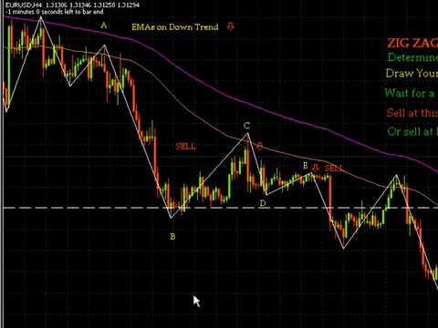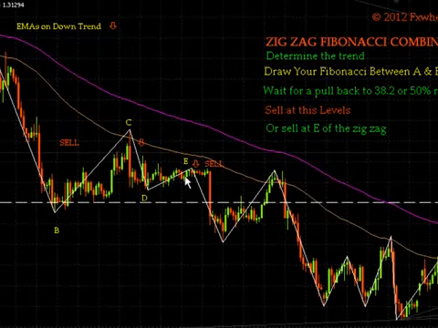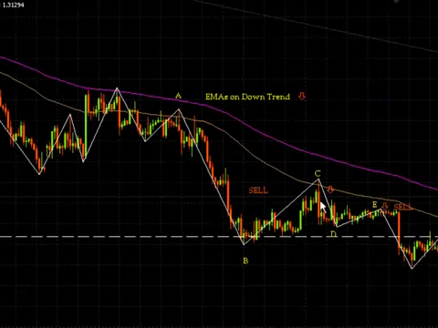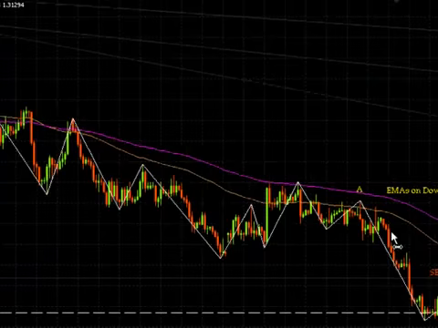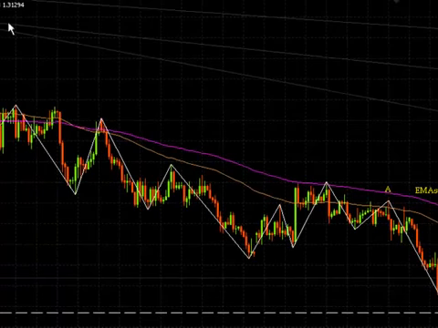So my A and B has been marked out, which is this and this. Now you draw your Fibonacci. Let's assume all these data were hidden. We don't know what is going to happen next. So I have just my A and B open.